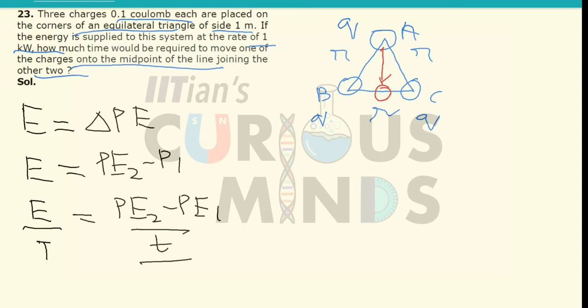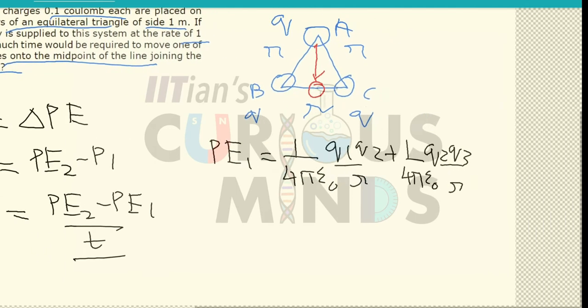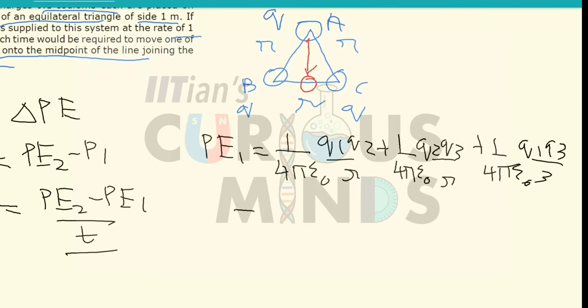Let us first find out the potential energy in the first configuration. It will be simply given as 1 by 4 pi epsilon naught Q1 Q2 divided by R, plus 1 by 4 pi epsilon naught Q2 Q3 divided by R, plus 1 by 4 pi epsilon naught Q1 Q3 divided by R. In the second configuration also it will remain the same form, but the values of R will change. In the initial configuration, 1 by 4 pi epsilon naught is equal to 9 into 10 to 9.